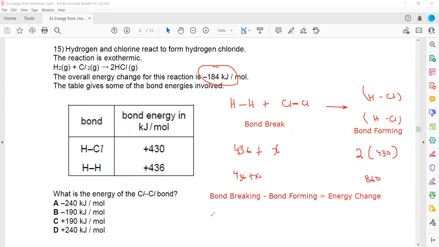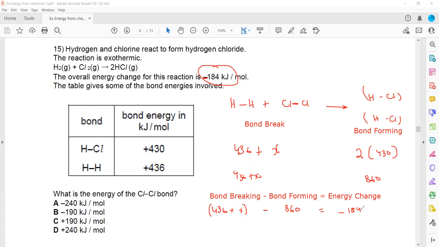So what is the bond breaking energy? 436 plus X is the bond breaking, minus the bond forming, that is 860, equal to the energy change in the question. And keep in mind, if the reaction is exothermic, the energy change must be negative. So it is minus 184, as they mentioned it is exothermic.